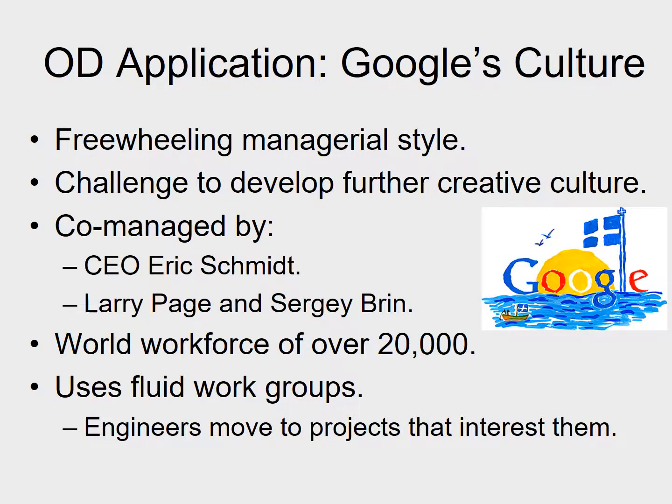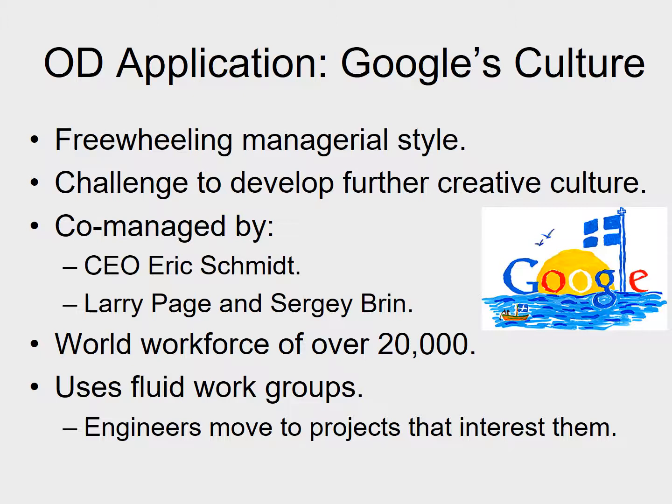Just a couple of quick examples of cultures and organizations that have done this. They've incorporated OD into their corporate culture and are now creating very adaptive environments where change comes naturally. So Google is known for a freewheeling managerial style. Their managers are given a broad overview of their tasks, and those tasks are built in this sociotechnical systems model, where their jobs are to monitor the psychosocial health of their employees, the actual structural organization of the teams, what technology is being used, and also the goals of the organization.